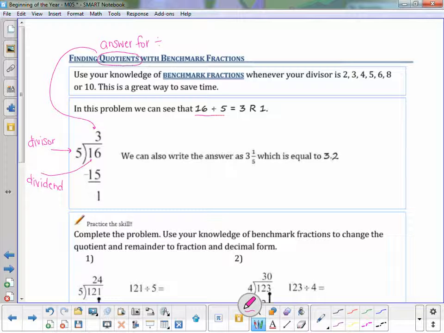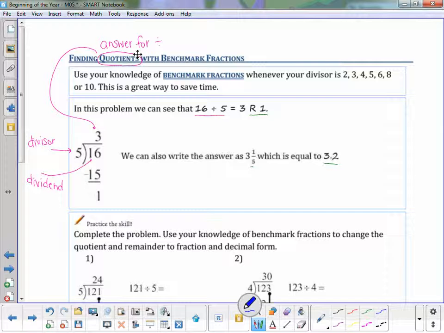And we have 3 different ways that we can write our answer. We can do it using a remainder, we can do it using a fraction, and we can use it with a decimal. So those are 3 different ways that we can look at it. So let's start by going over this division problem, and we're going to talk about how we can get those 3 different answers.